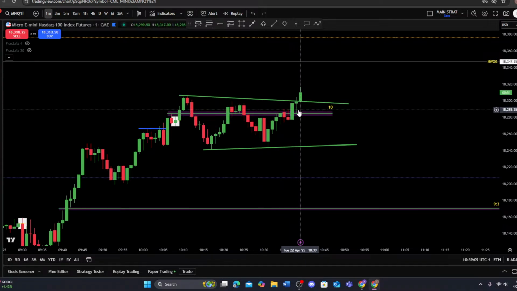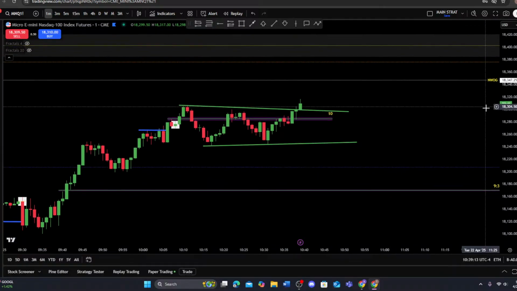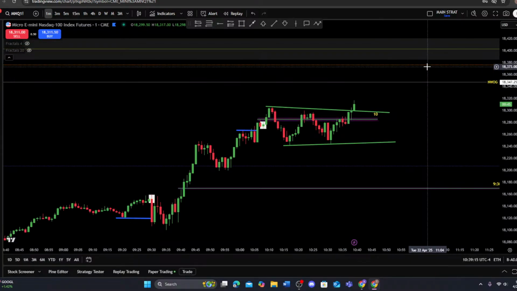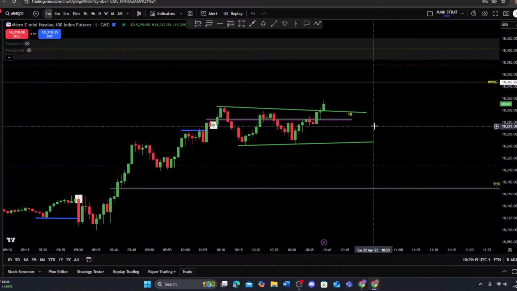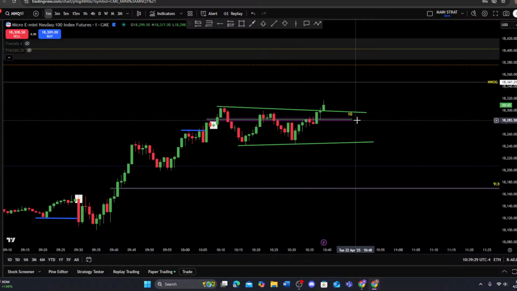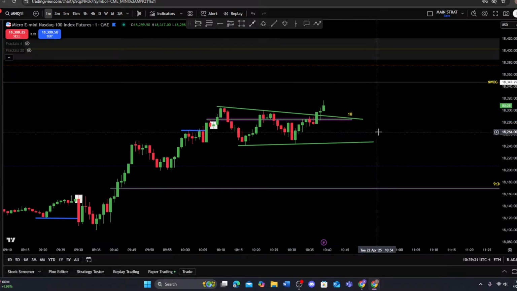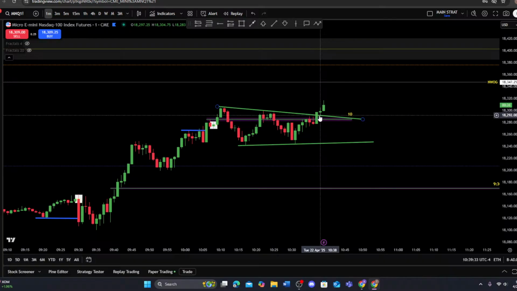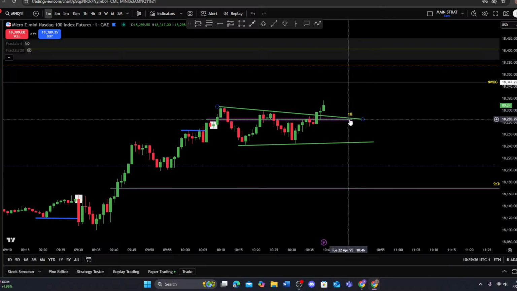We broke above it, we wicked down into the consequent encroachment of that, and now I think we're going to see it run up to that new week opening gap, up to yesterday's high. We'll see. This is where a breakout trader would be happy to see, and it would work out.